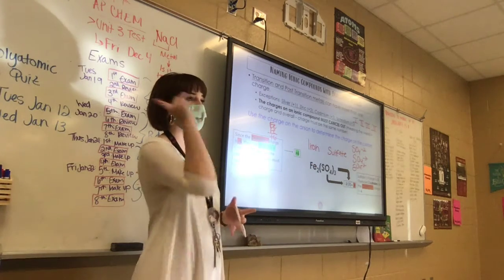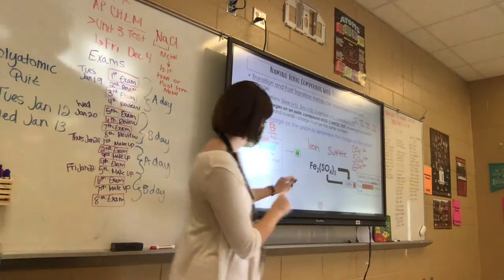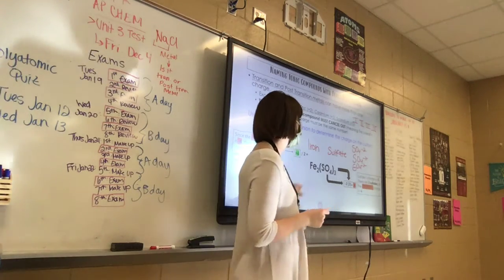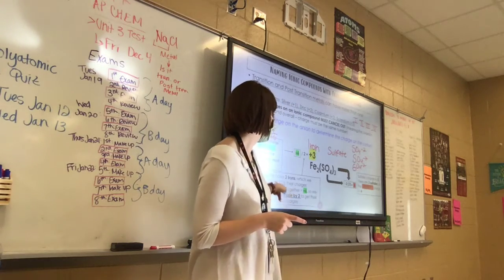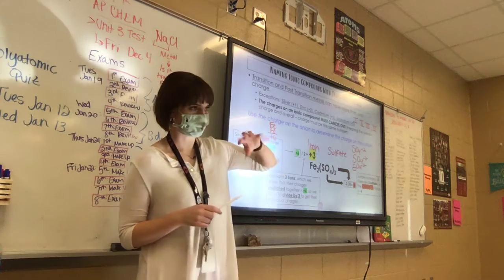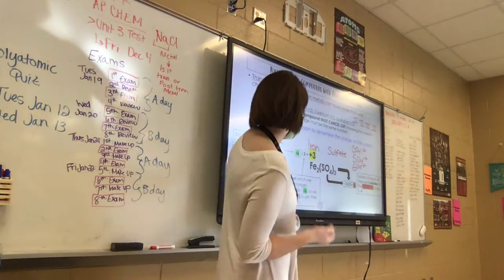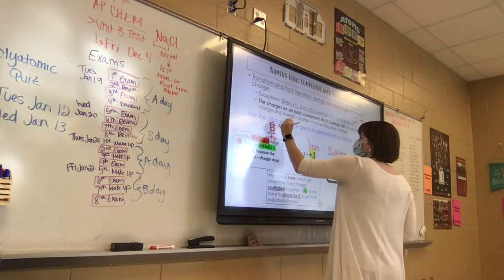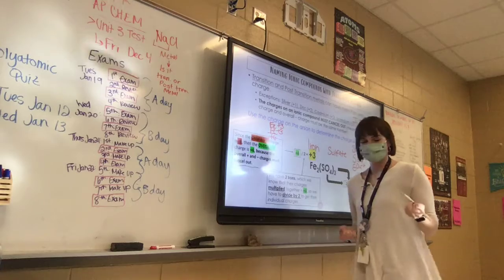So to find the charge of one iron, which is what I'm going to use in my name, I divide it by 2 because I have 2 irons, and that gives me a positive 3. So we have 2 irons whose charges added together equal positive 6. So we need to divide by 2 to get their individual charges. So positive 3, positive 3, okay?